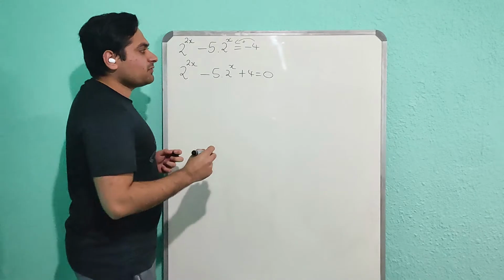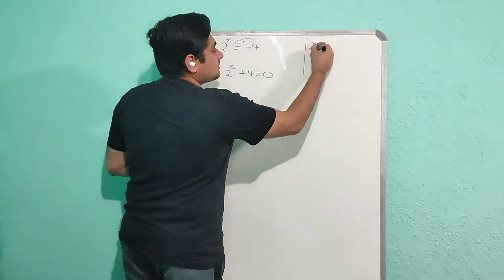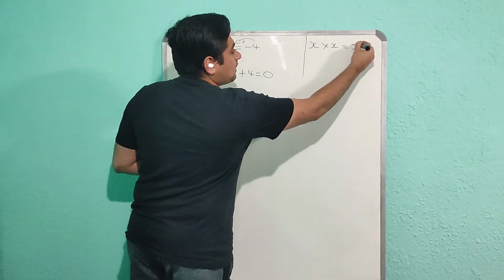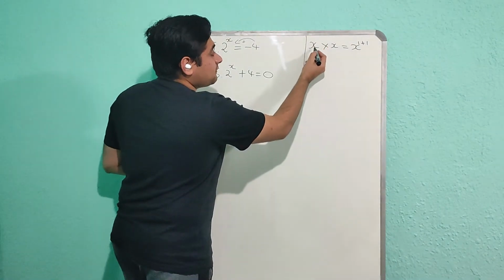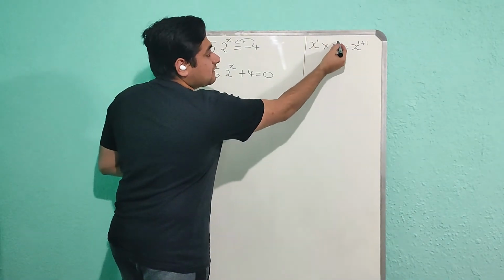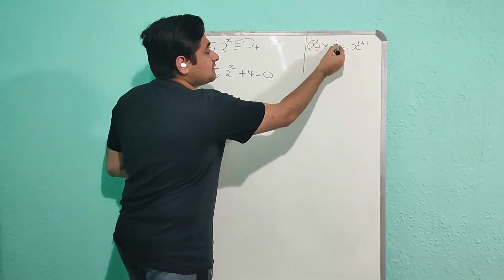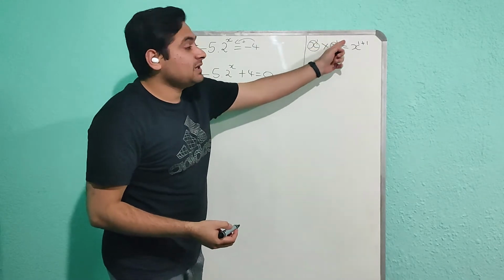If you remember from the exponent rules, when you have x times x, this is the same as x to the power 1 plus 1. Because what did the rule say? That if there is nothing, it means there exists a 1, right? And if the bases are the same, the base is x, then we simply add the powers.